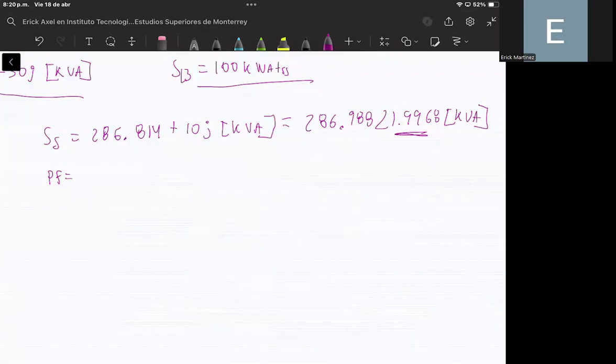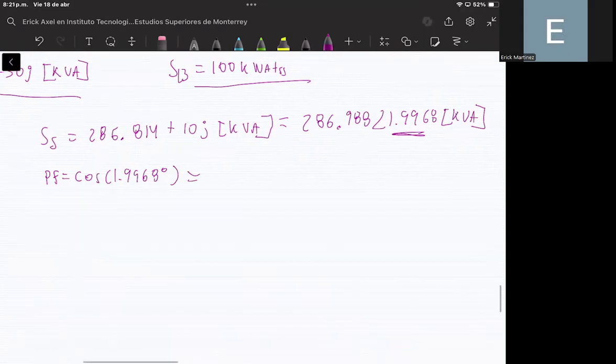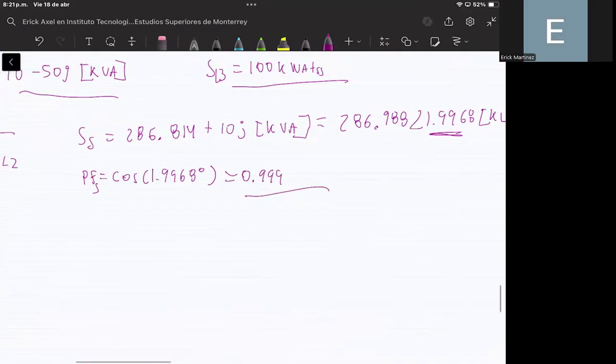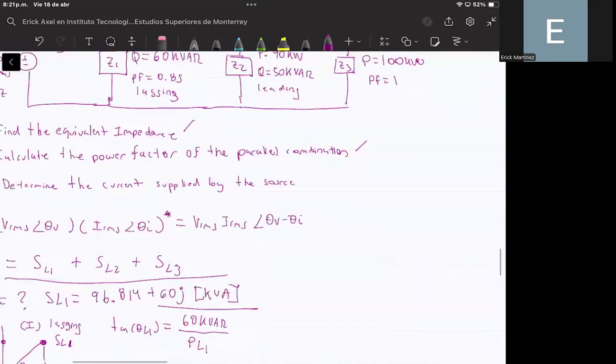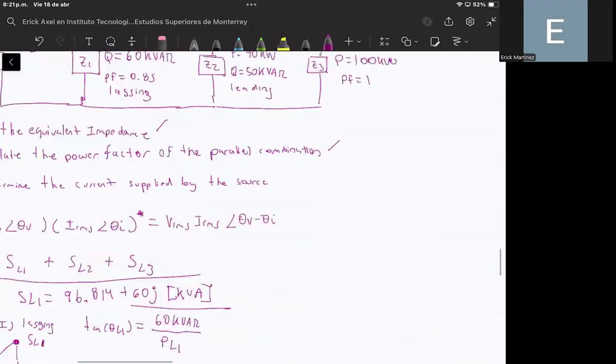The power factor of the circuit is equal to the cosine of this angle, 1.9968. If you compute the cosine of this angle, the power factor of the source is equal to 0.99. That is also the power factor of this parallel combination.